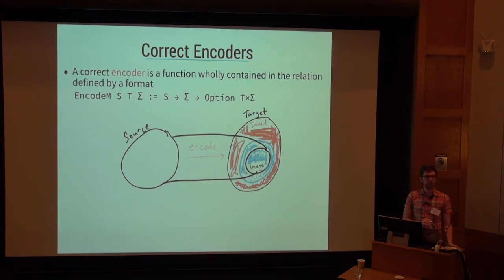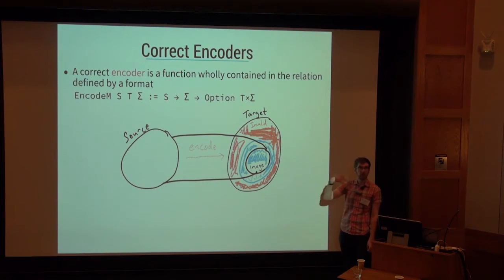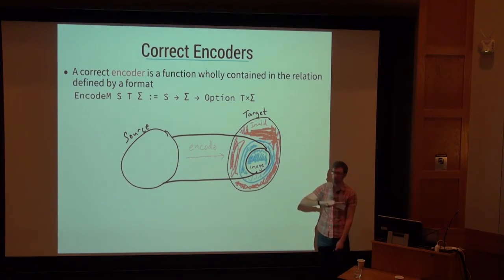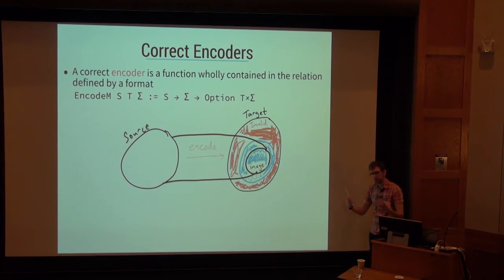Why is it an option type? Well, recall that these formats could have restrictions on them, and I said earlier that some source value might not have any encoding, right? So if you try and encode a source value that's not included in the relation, we signal that that's problematic with None. And so what is the correctness criterion for a correct encoder?